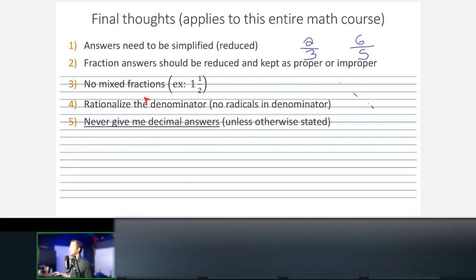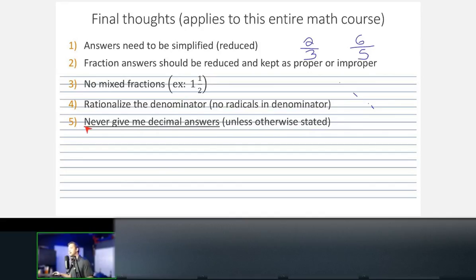Number 4, rationalize the denominator. Now, we did not do this today, but if you are hazy on doing this, I would definitely look this concept up on your own time, preferably today before you forget. The reason why we do this is because we cannot have radicals in our denominator.